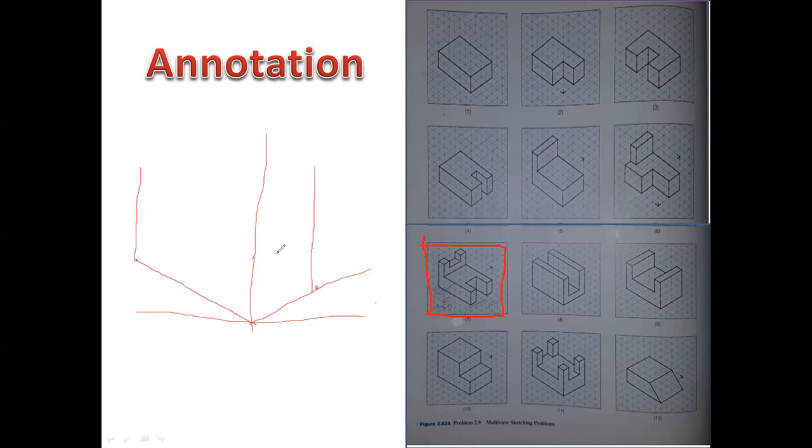Then place a point here. Then place a point here. Then draw a line parallel to that. Then one parallel to that. So we always draw a complete block first. Complete block first.